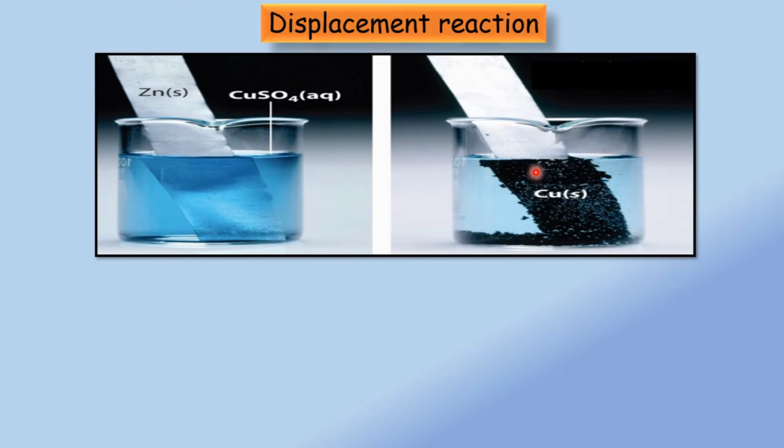If the strip is left in the solution for a longer period of time, the zinc will gradually decay due to oxidation to zinc ions. And as you can see, the blue color of the copper sulfate solution also disappears.